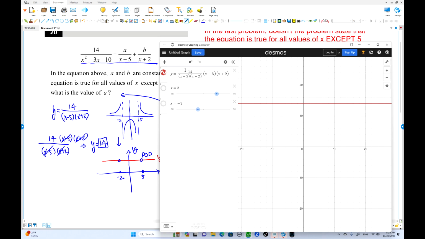We just got the 14 from the original. Originally here it is still undefined. When x equals 5, it is undefined here. There's a hole there, right? This hole is called what? POD, point of discontinuity. And also over here, negative 2 is still undefined.